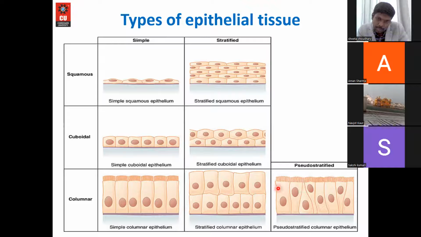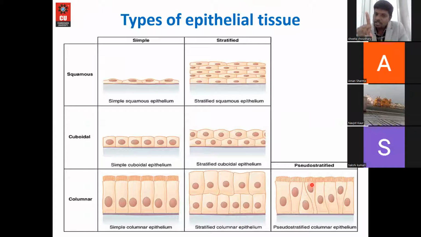It is only one layer, but because of the presence of columnar cells and a mixture of these three cell types, it looks stratified. Pseudo simply means false, so it is a false double-layered epithelium.